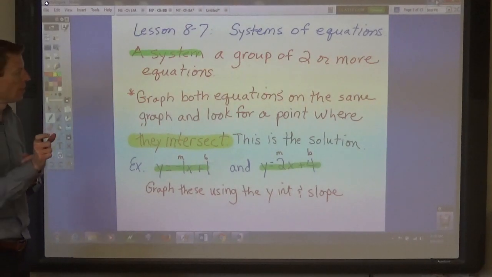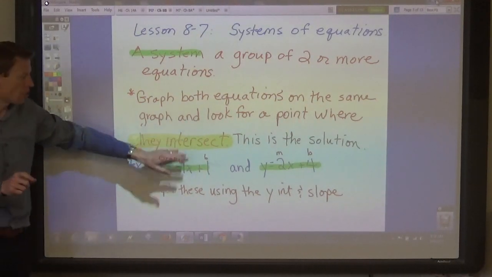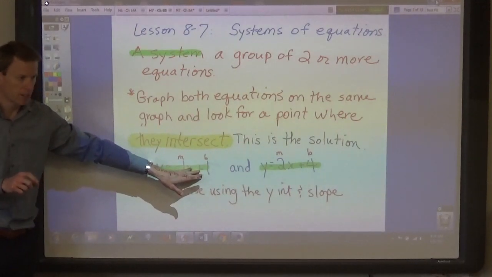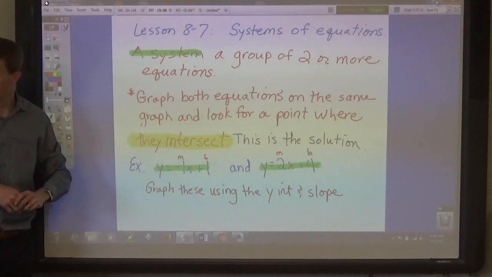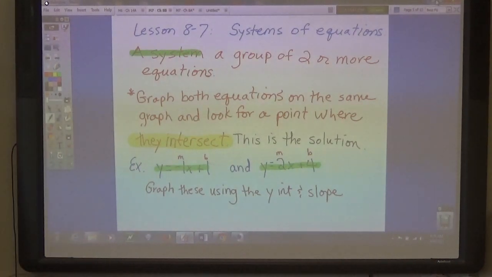Well, we're going to have to check and find that point by graphing two equations. All right? But let's start with just finding the points.